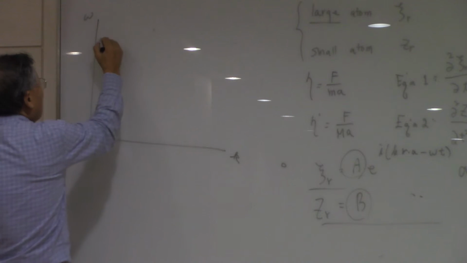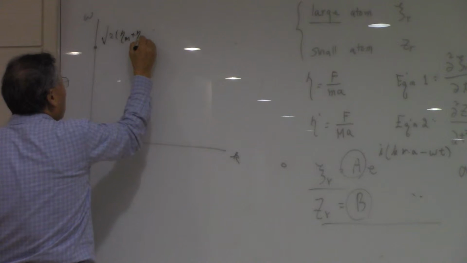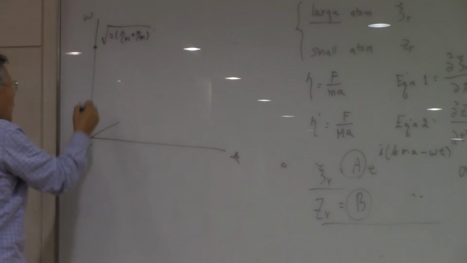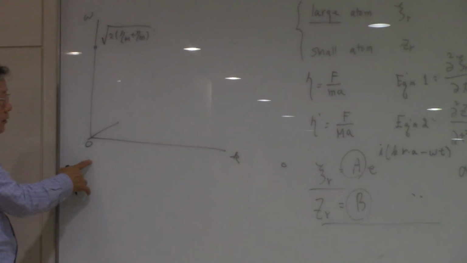Square root of 2 eta m plus small eta m, something like that. That is the omega value. We have two values when k is close to 0.